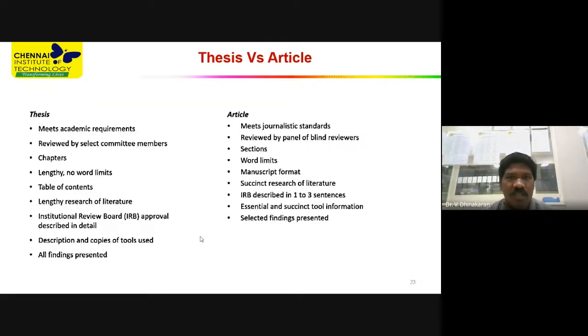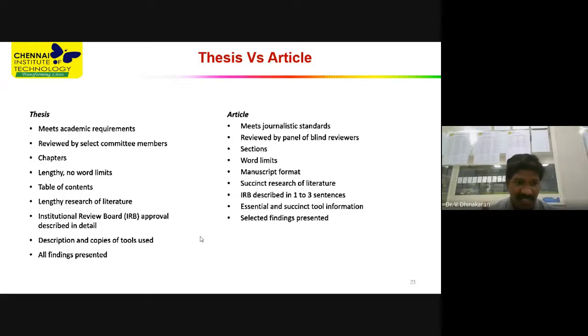What is the difference between a thesis and an article? A thesis is only for academic requirements, and an article is a requirement of the journal as per its standards. A thesis will be reviewed by selected committee members, while an article will be reviewed by blind reviewers. A thesis is written as chapters.